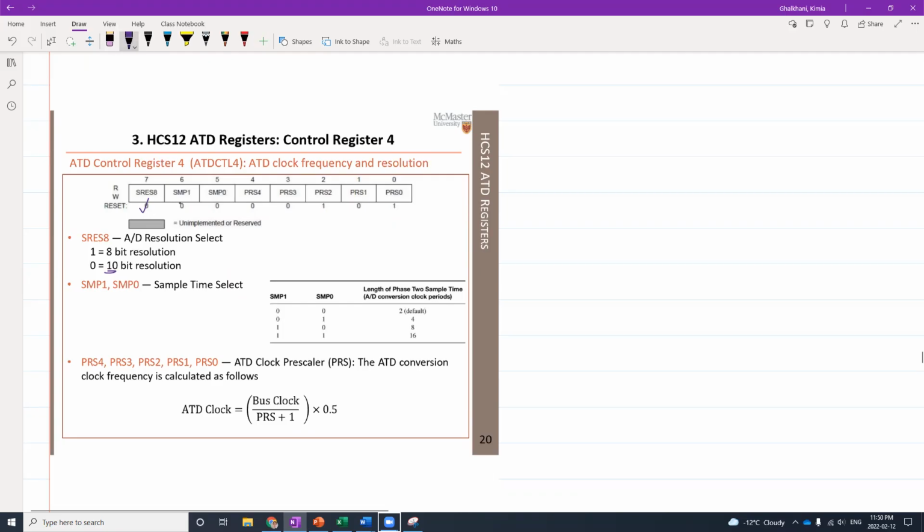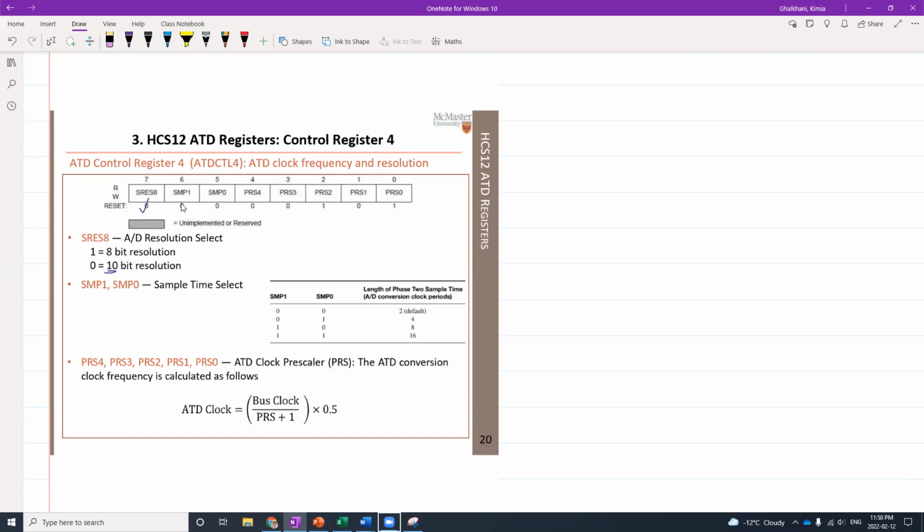Now, there are 2 more bits in here, right? These 2 are the sampling period, for changing the sampling time based on this table. So you can use this table for that purpose.